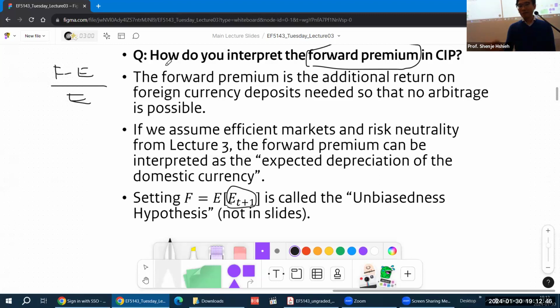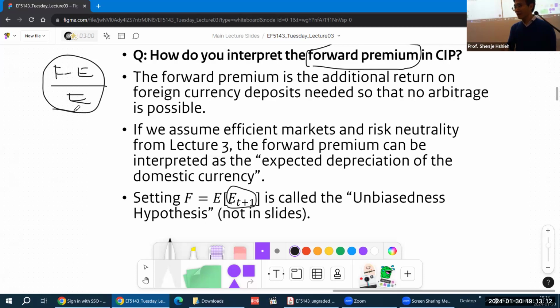In terms of the CIP, this term is basically saying that this is the amount the home currency needs to depreciate in order to wipe out any sort of profit you can make from interest rate differentials, right, between countries. If there's not enough, right, if there's not enough depreciation of the home currency or appreciation of the foreign currency, then somebody can make something from nothing. There is arbitrage, right?